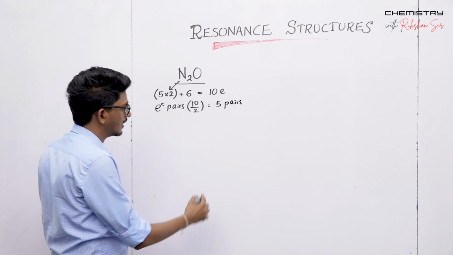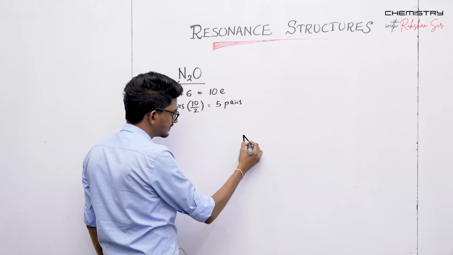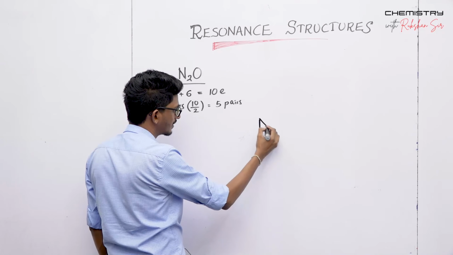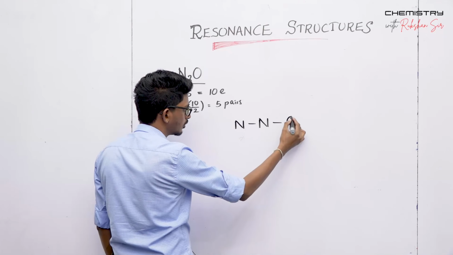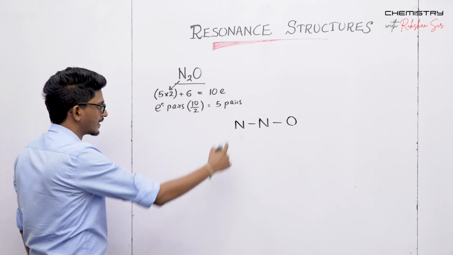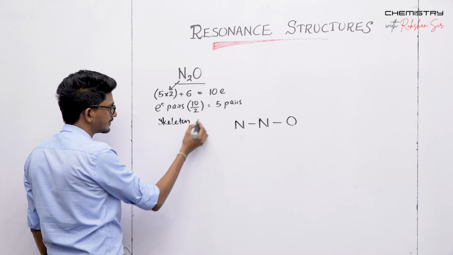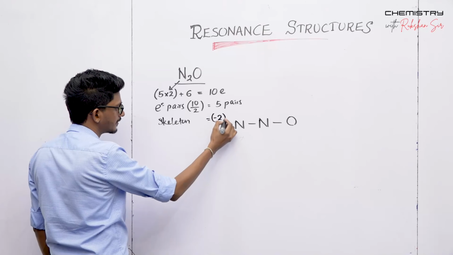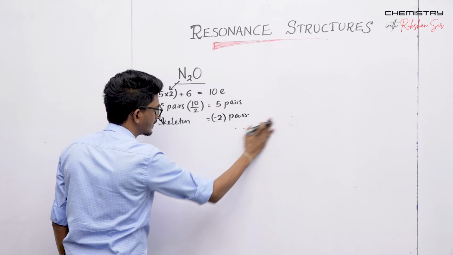Let's draw the skeleton of N2O. For the skeleton, 2 electron pairs are used.